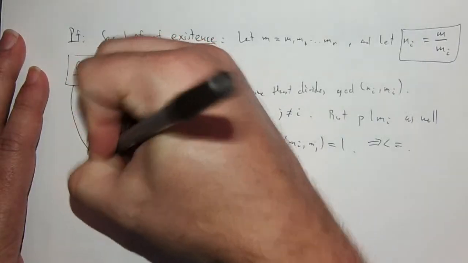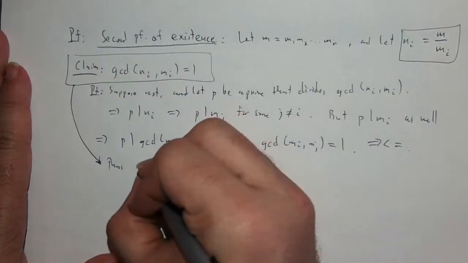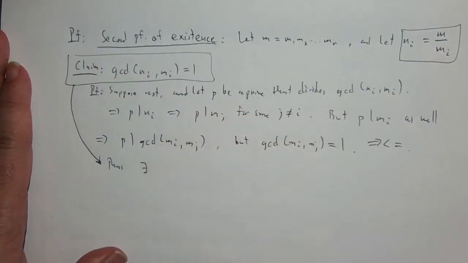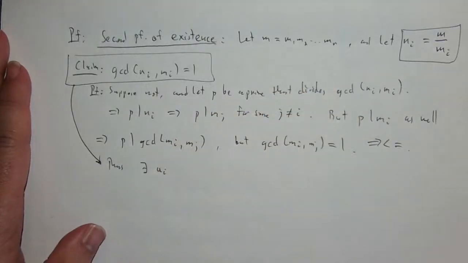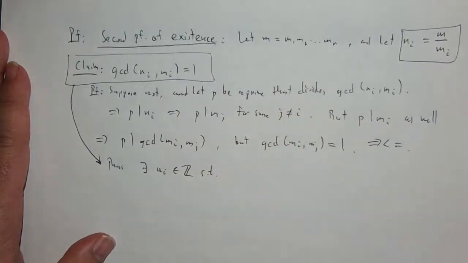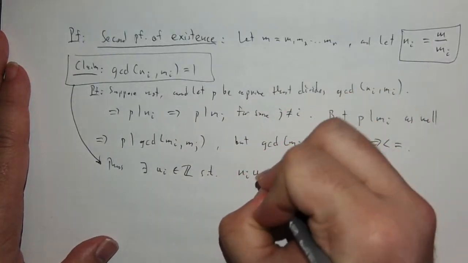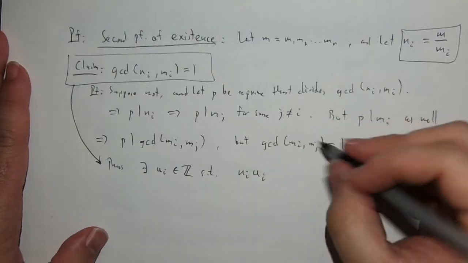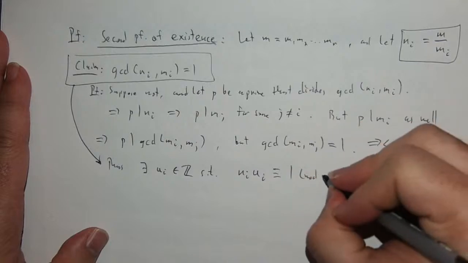Thus, coming directly from this claim, what does this allow me to do? Well, there exist some u sub i integers such that n sub i, u sub i is congruent to 1 mod m sub i.